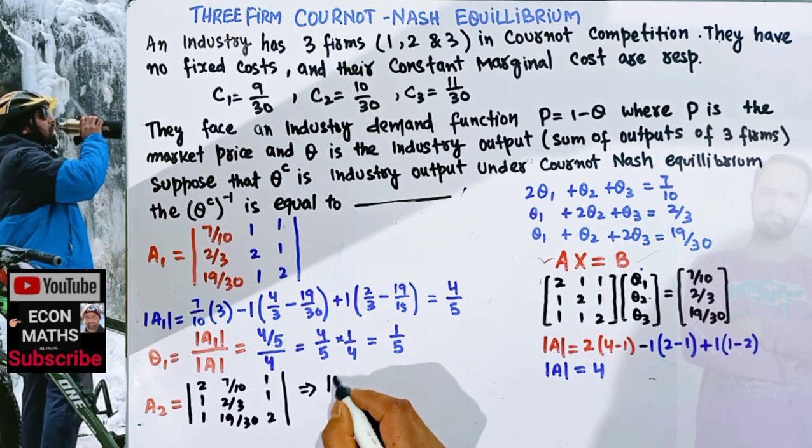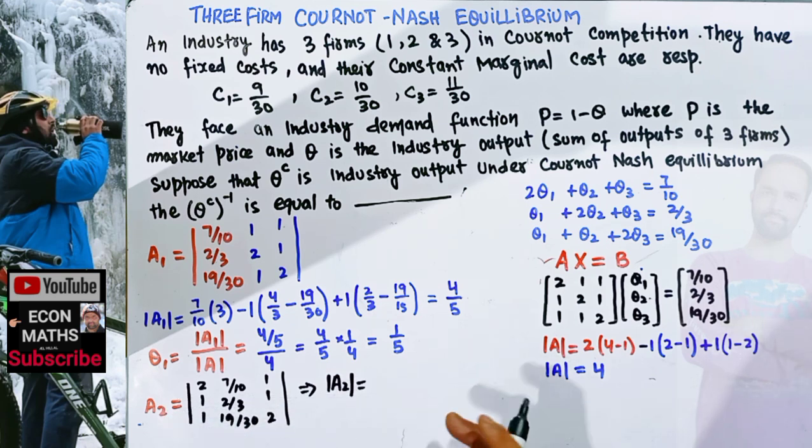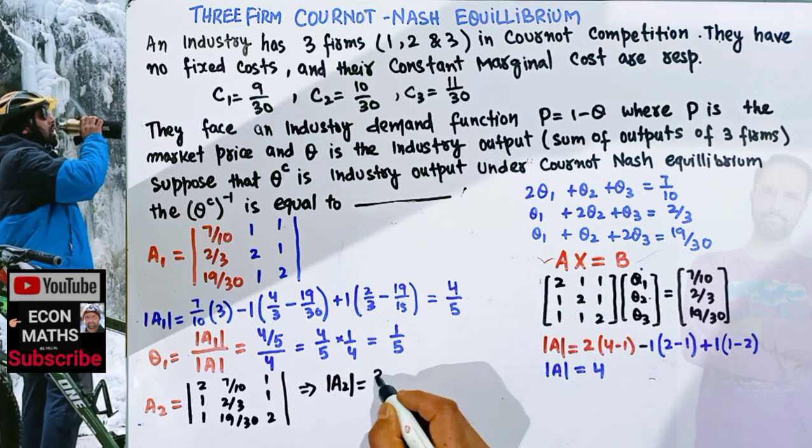That means we will get A2 equal to... I have solved it, I don't know if there is any shortcut to solve this question. So A2, when we take the determinant of this matrix, comes out to be 2 upon 3.